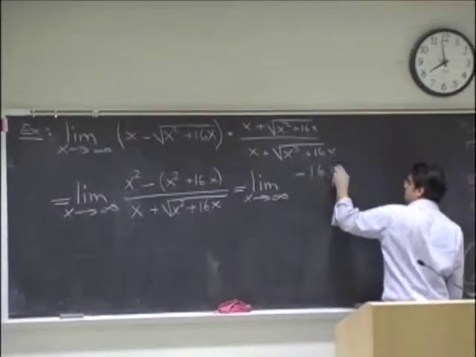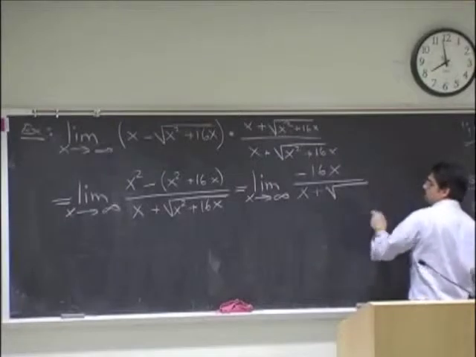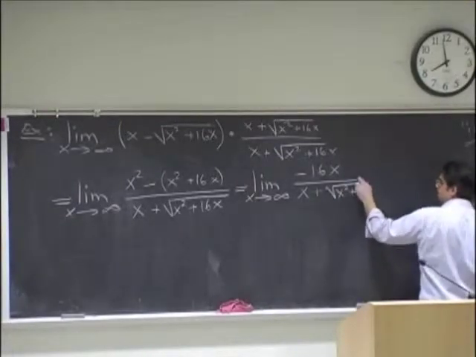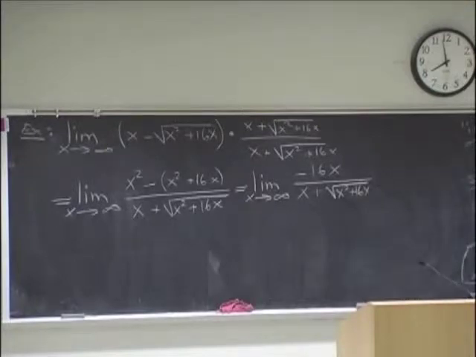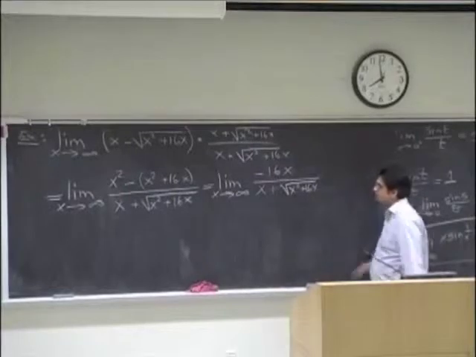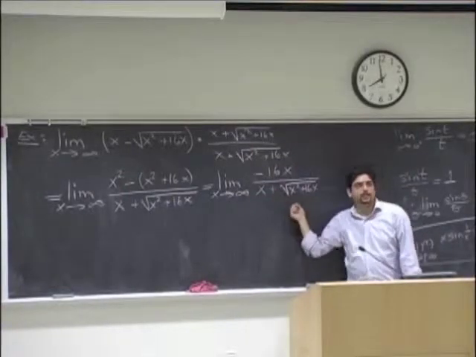Negative 16x over x plus square root x squared plus 16x. Okay. Now that I have a fraction, I plug in infinity, I get negative infinity over infinity plus infinity.